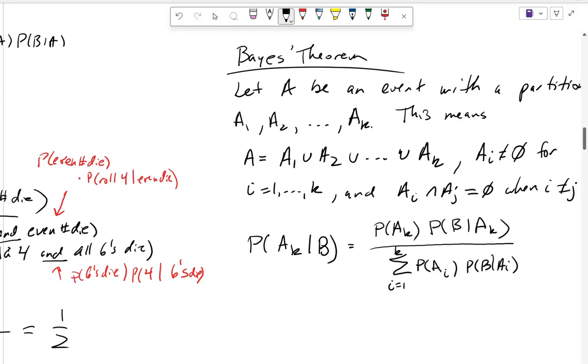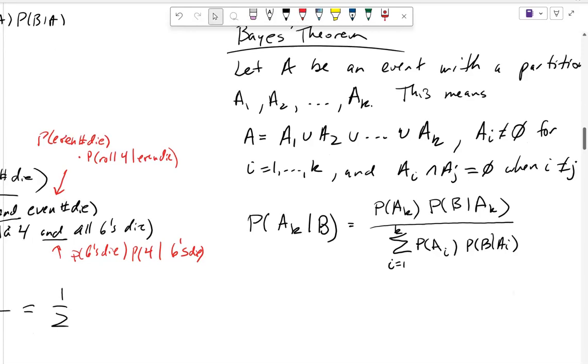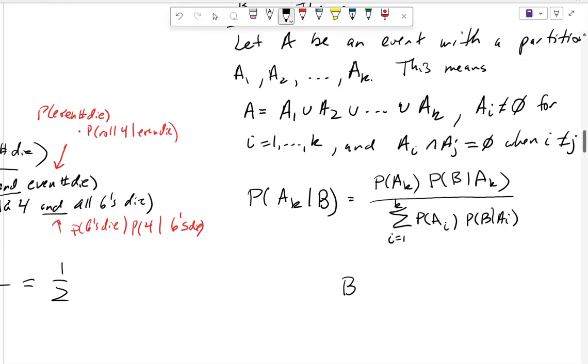This is why I don't use the theorem ever. When we do this, all we're saying is that I can write my B as a bunch of pieces together with the intersections and then break them up as conditional probabilities. I'm not going to expect you to write down the theorem, so I may still have this not quite right.